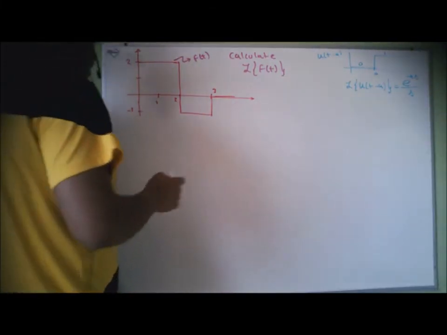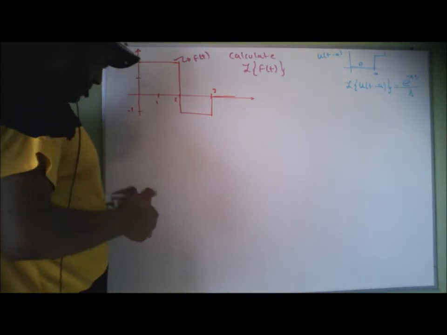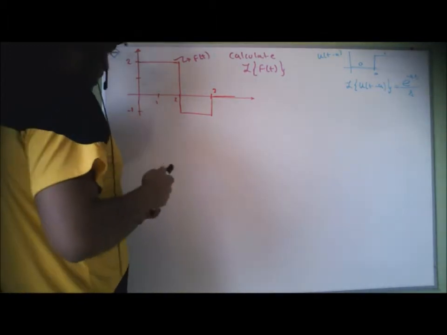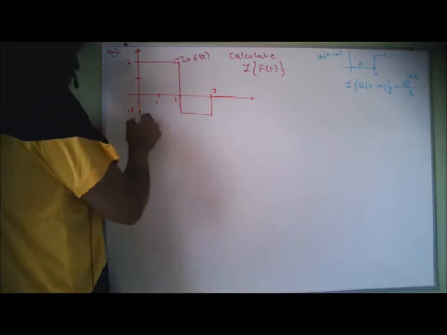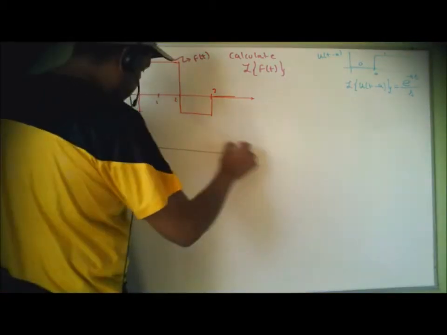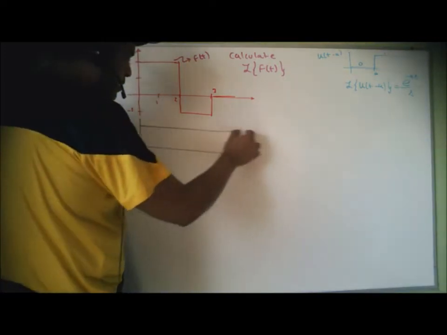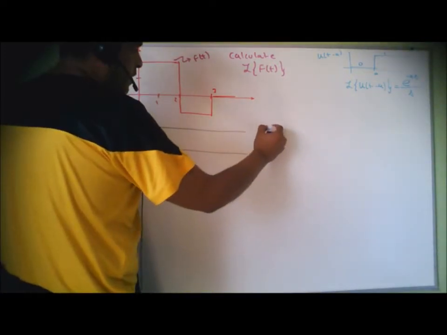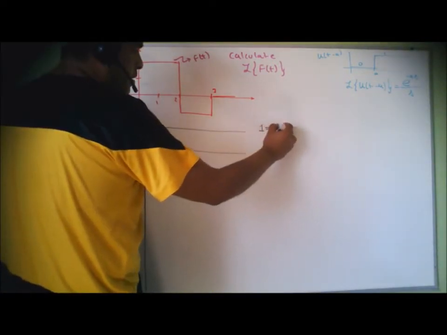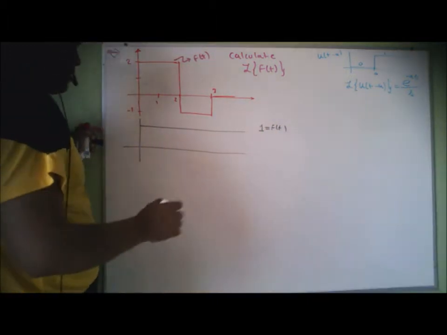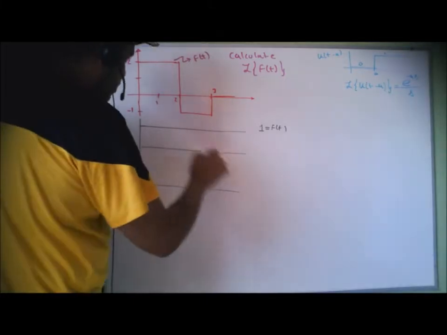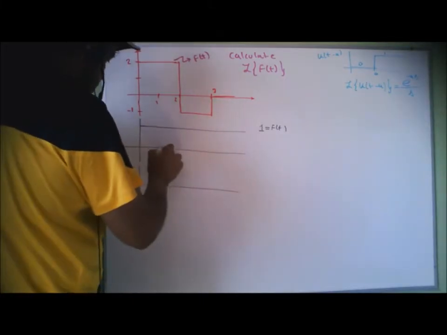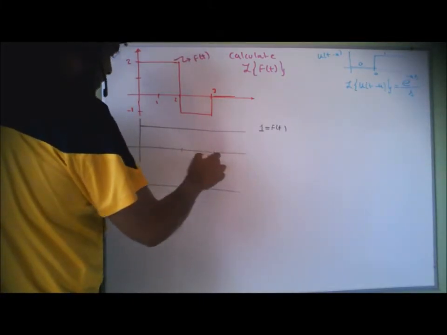Now, one very common question is how to build this function. Let's assume this one. This is just 1: the function f of t equal to 1, a constant 1. And then let's do this function equal to 2, at 1, 2, and 3.